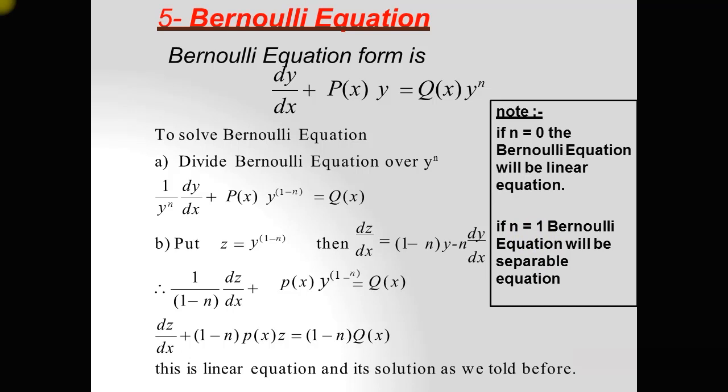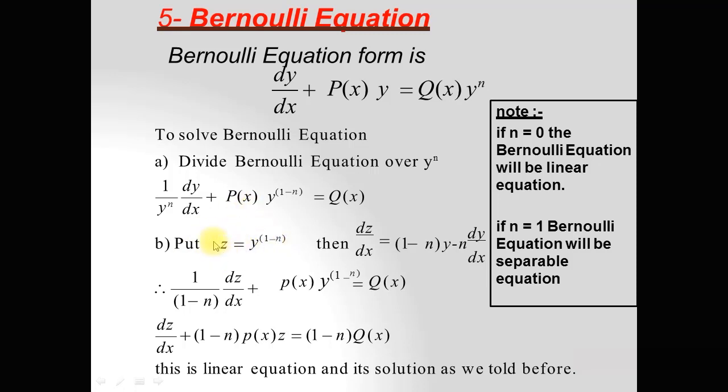But if n is greater than 1, then how to solve the Bernoulli equation? Let's discuss the procedure for the Bernoulli equation if n is greater than 1. Divide the Bernoulli equation by y power n. So we get 1 over y power n dy by dx plus P of x y power 1 minus n is equal to Q of x, and put the supposition z is equal to y power 1 minus n.